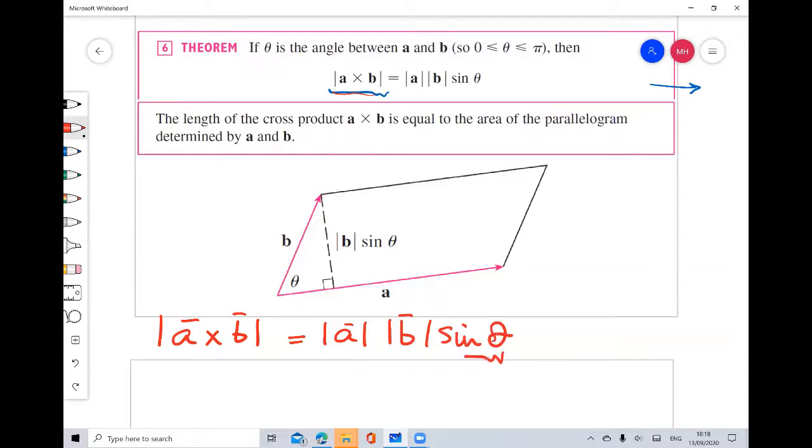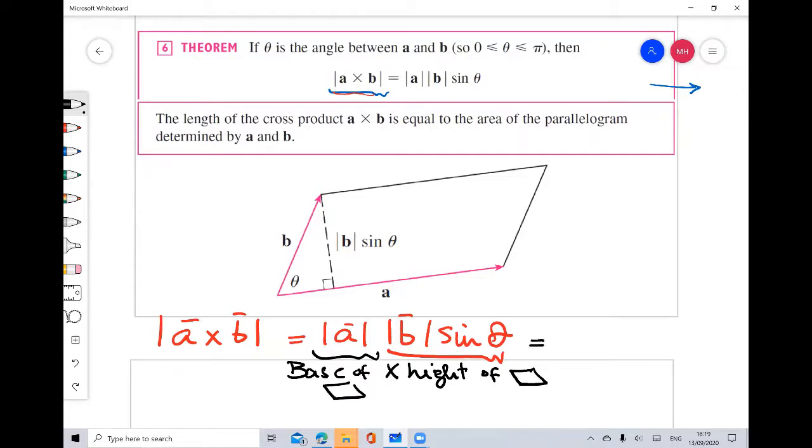When I look here at this figure, actually this B sine theta is the height of this parallelogram. And actually A is the base of this parallelogram, the length of the base. So I know that base times height of a parallelogram is the area of this parallelogram, okay?